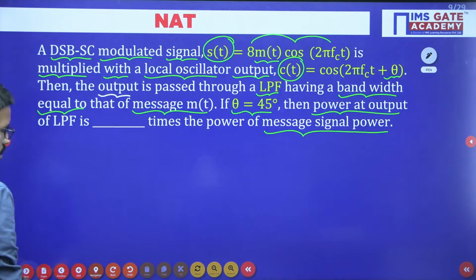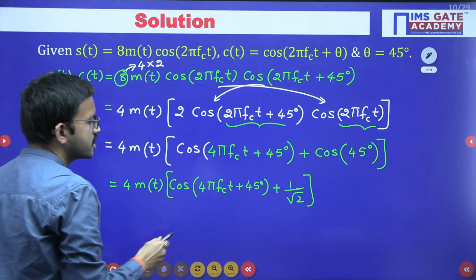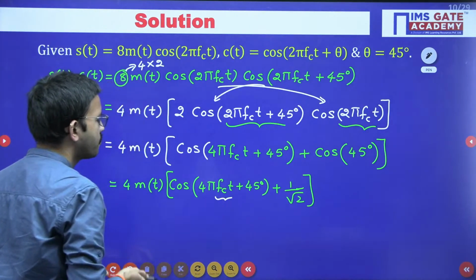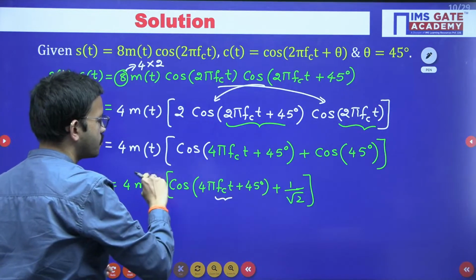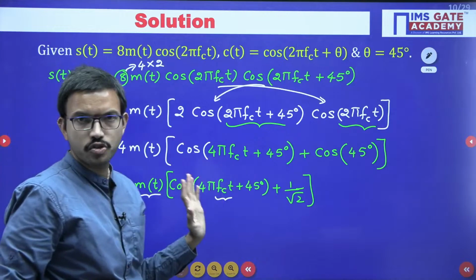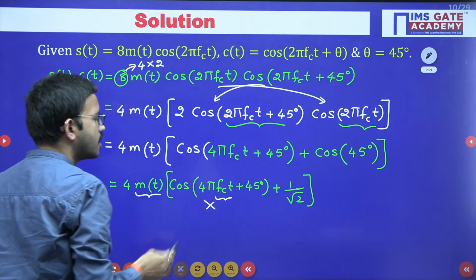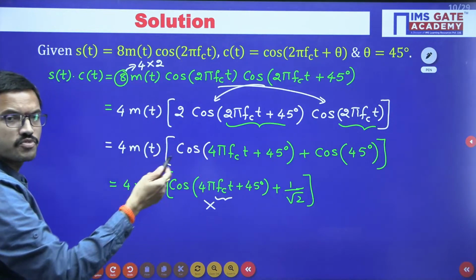Now if you observe, just like the previous question, this is a very high frequency component, whereas in the other term you have only the modulating signal, 4 m of t by root 2, that's all. So the low pass filter won't allow this particular term, it will pass only the second term.